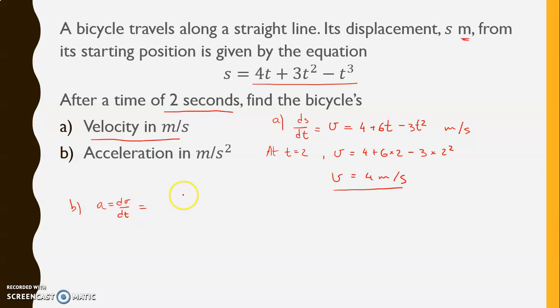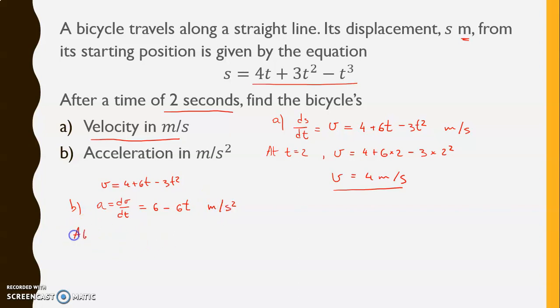So that is the derivative of the velocity function, which I'm going to write here again. That's 4 plus 6t minus 3t squared. So we have to find the derivative of that. So it's 6 minus 6t. Perfect. And this is acceleration, so it's meters per second squared.